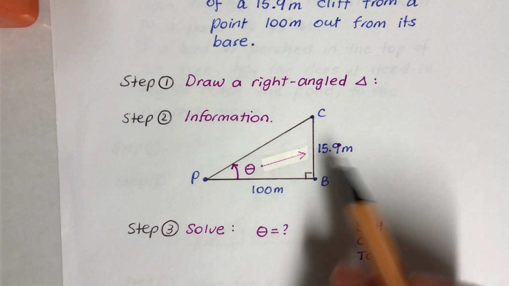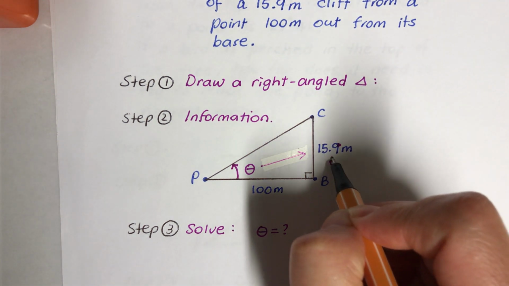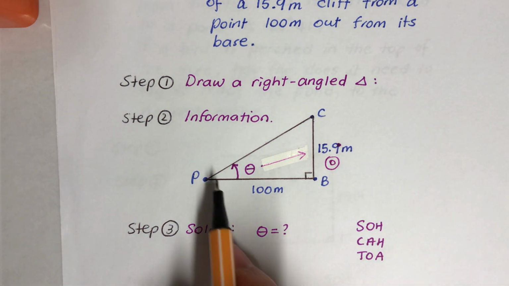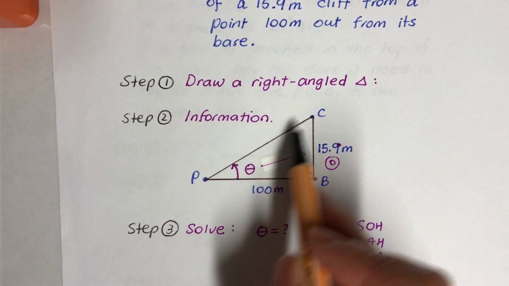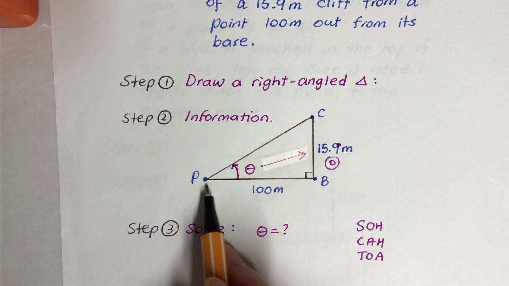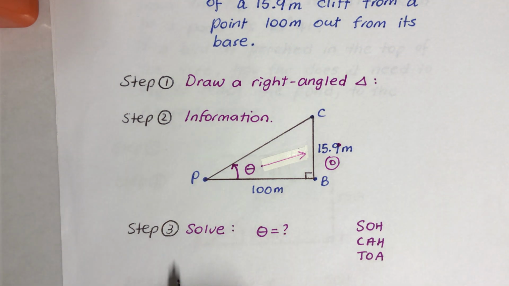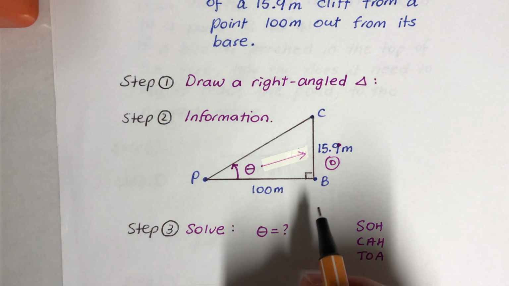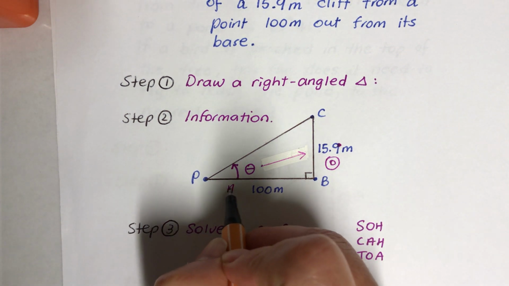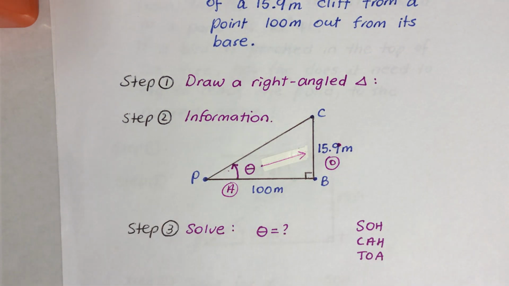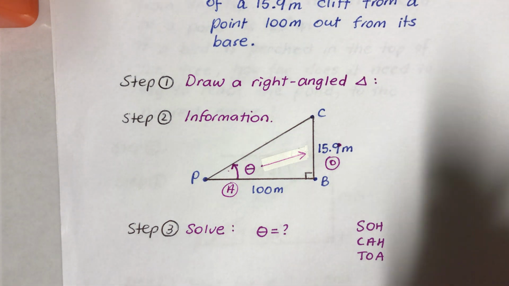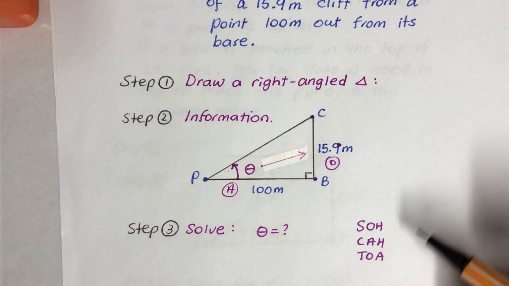Opposite to the angle is the opposite, so I'm going to put opposite there. We don't have the hypotenuse, so I'm not going to use it, but I have information about PB, which is 100 meters, the adjacent. So I've got O and A. Which one has O and A?